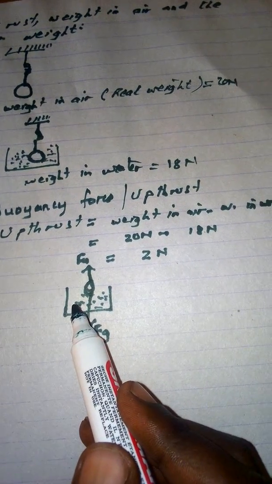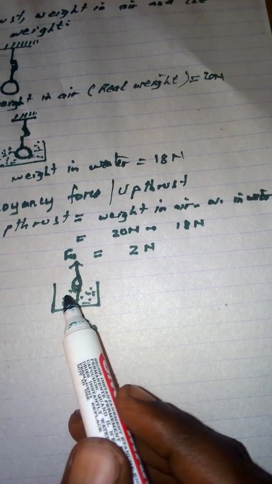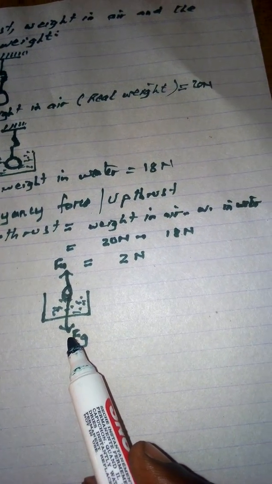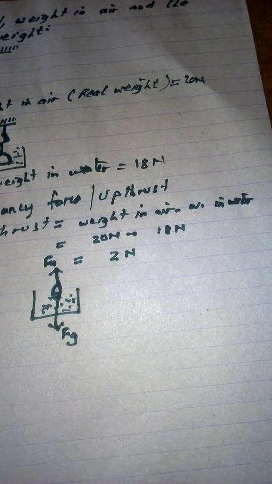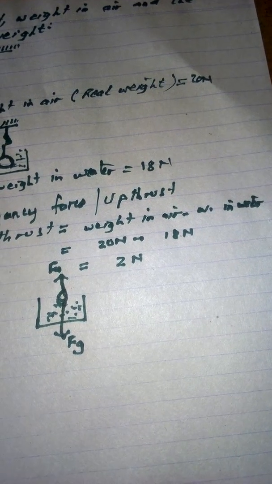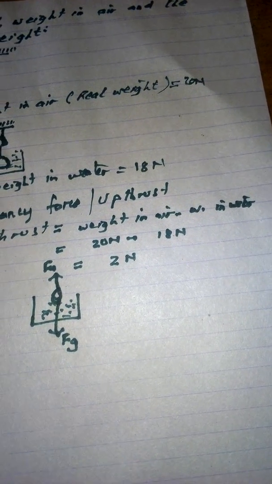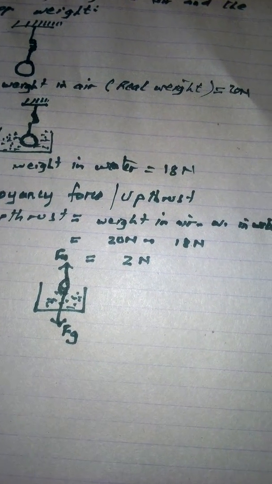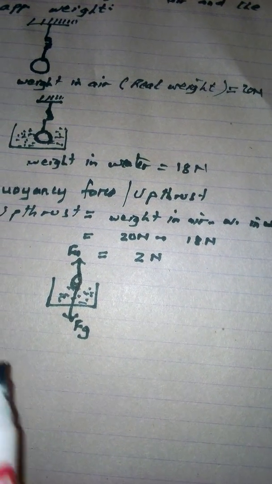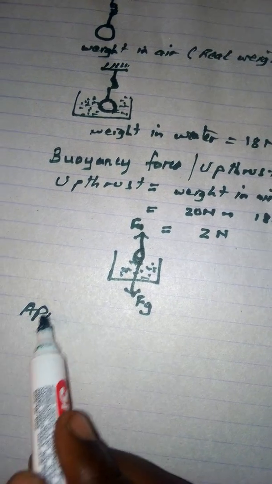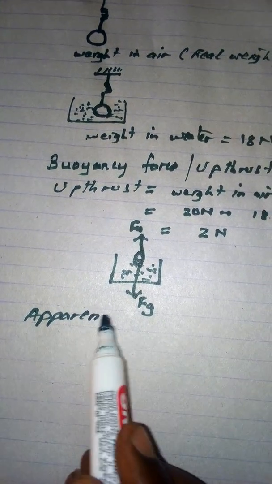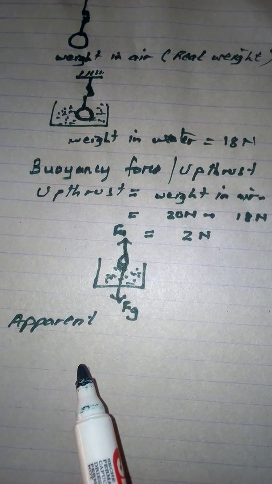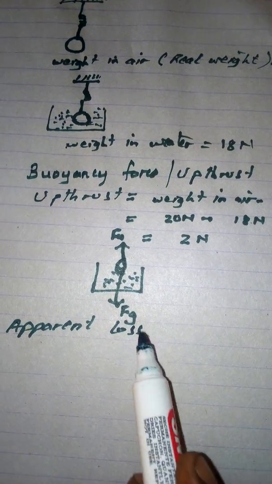He also found that this loss in weight, when the body is totally or partially immersed in the liquid, is not the actual loss, but it is the apparent loss in weight. So the apparent loss in weight results when the body is totally or partially immersed in the liquid.